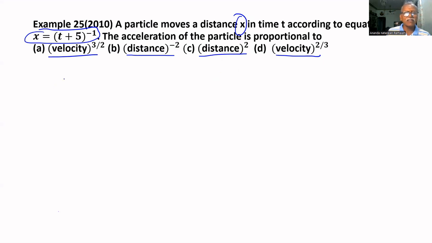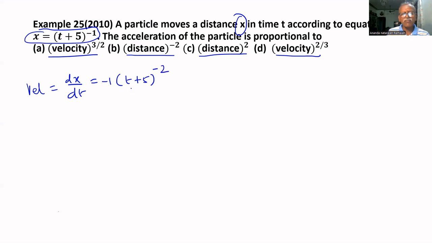How to find acceleration? We have to differentiate this twice, because velocity is equal to dx by dt. We have to differentiate this: t to the power minus 1, so minus 1 times t plus 5 to the power minus 2.